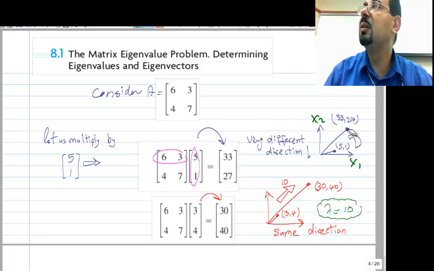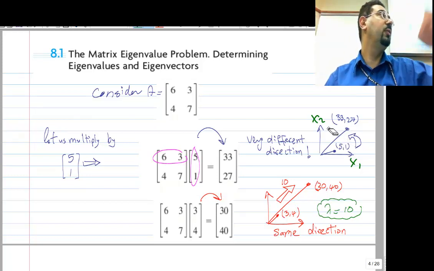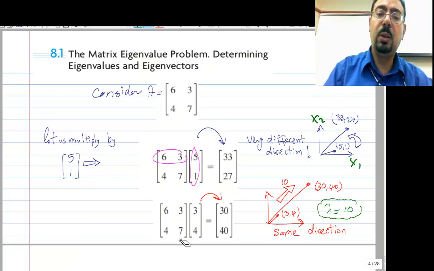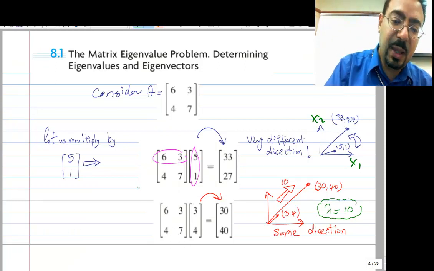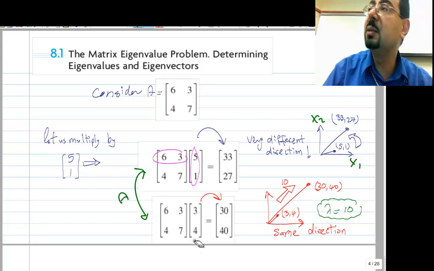That's this vector. This vector is a completely different direction, completely different from the original one. But look at this combination. This same matrix A, if you multiply it by this vector, 3 and 4, not 5 and 1, will result in, and you can check, 30 and 40.